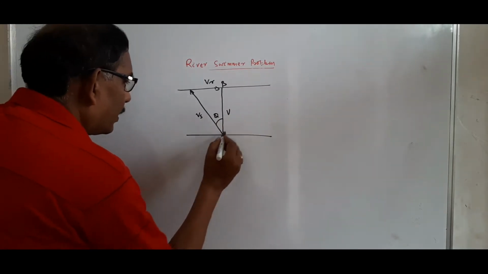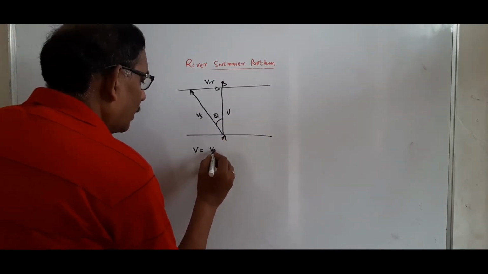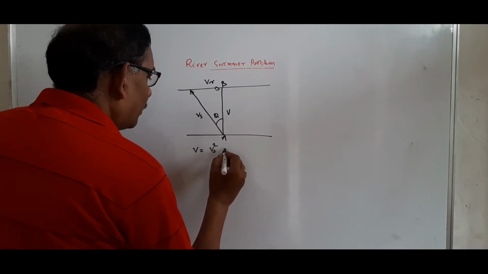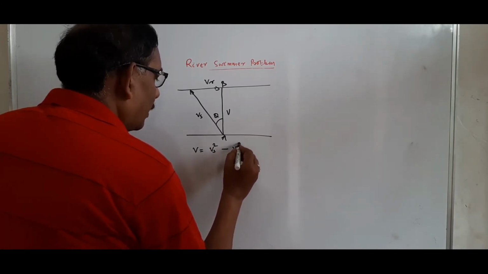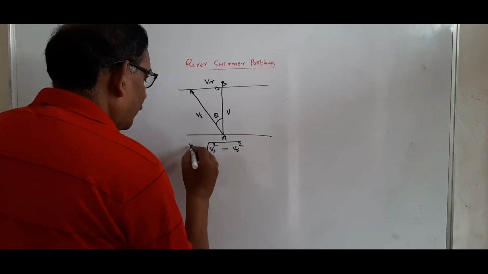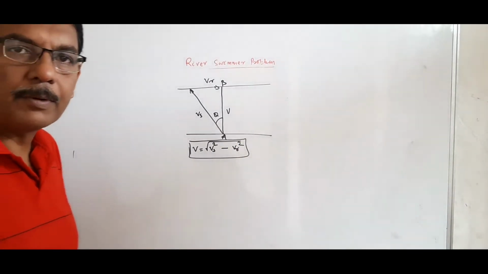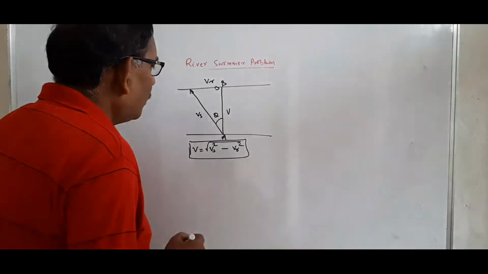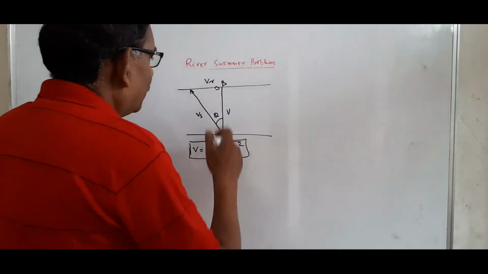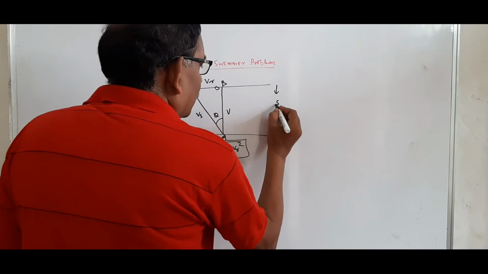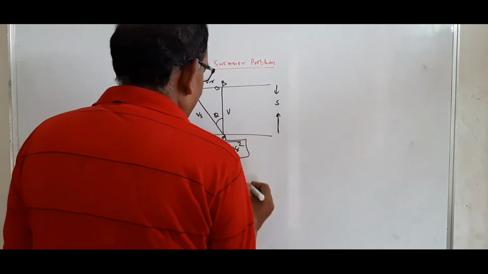So here the resultant V is equal to the square root of Vs square minus Vr square. This is your resultant. Now the time of crossing, what time does it take to cross the path? The path is S, this is the width of the river.